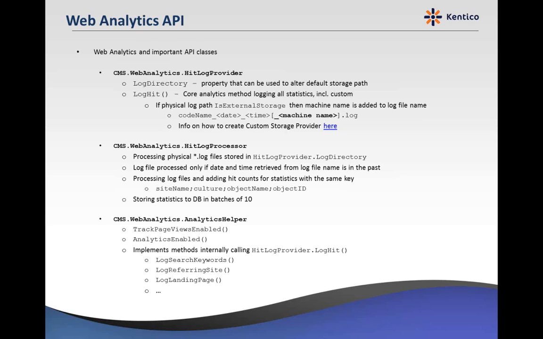And it also provides additional logging methods that cannot be found in the HitLog provider, because those methods like log referring site, log search keywords, and others are internally calling log hit. So those are just built on top of the log hit method, and they are adding some additional checks before the system actually logs a hit related to search, or when the referral is made, when the landing page is logged, and stuff like that, right?